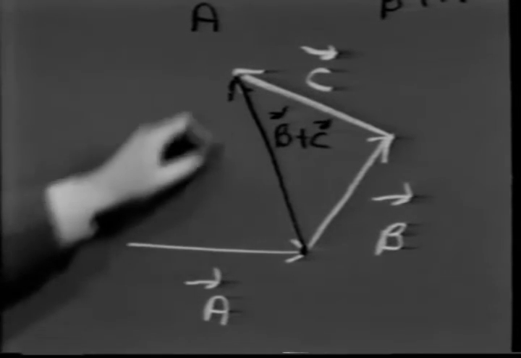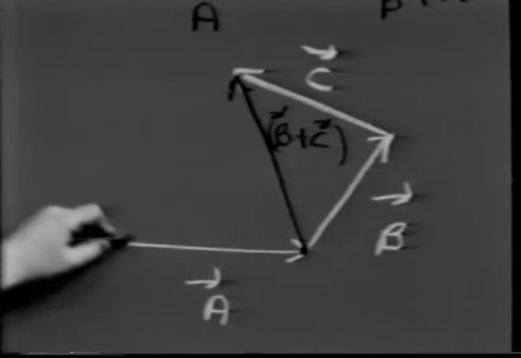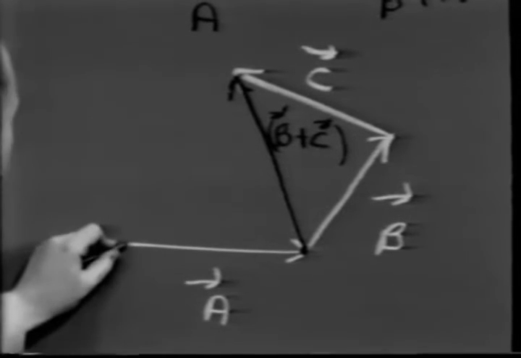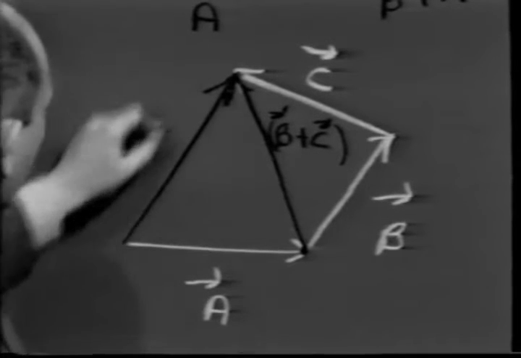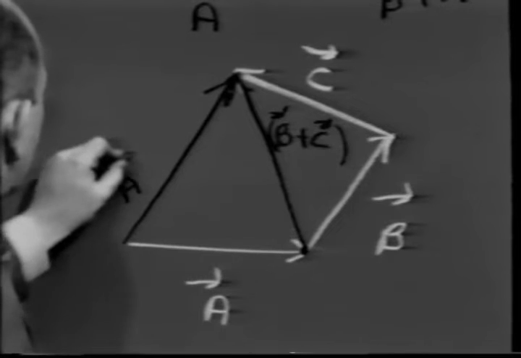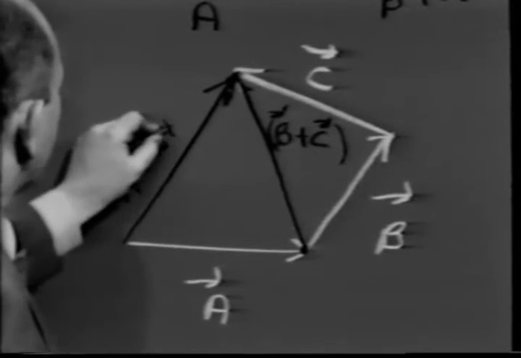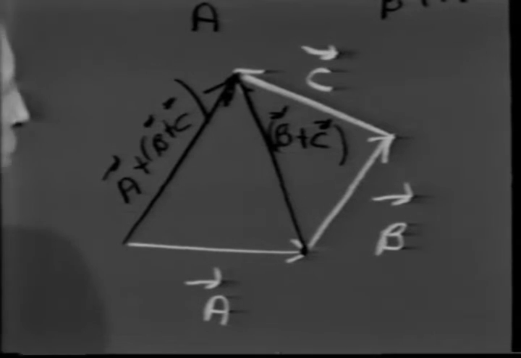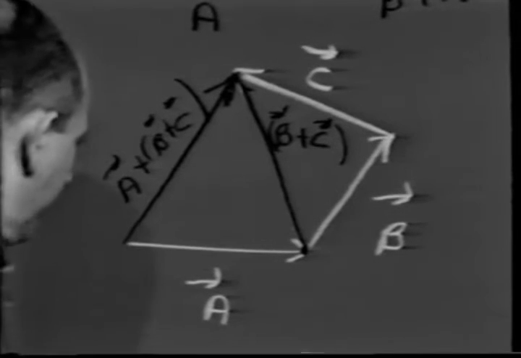Now, what is a plus b plus c? It's this vector plus this one. In other words, this vector here could be labeled a plus b plus c. On the other hand, what is the vector a plus b?